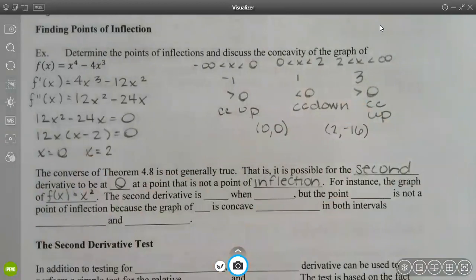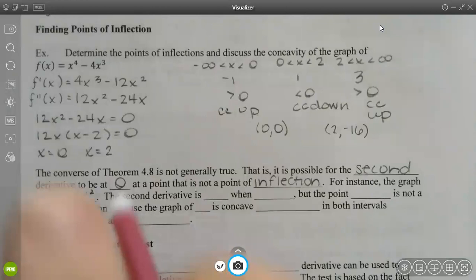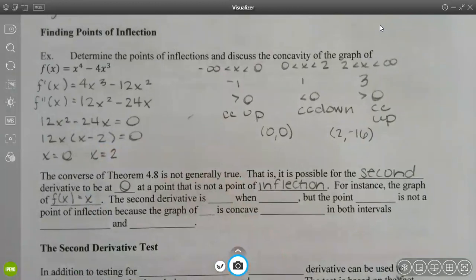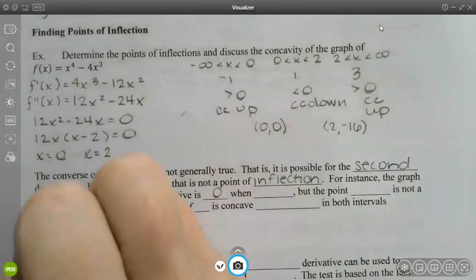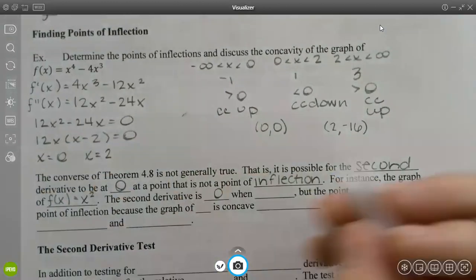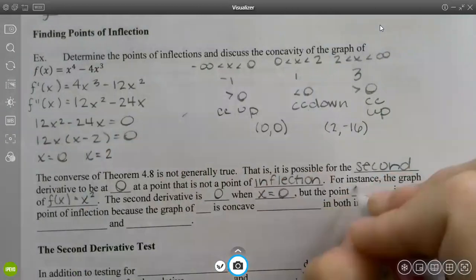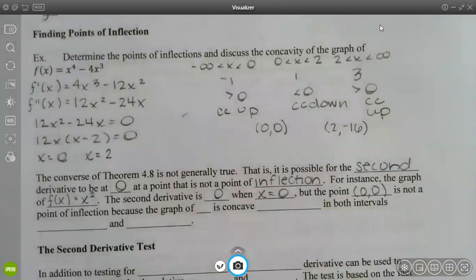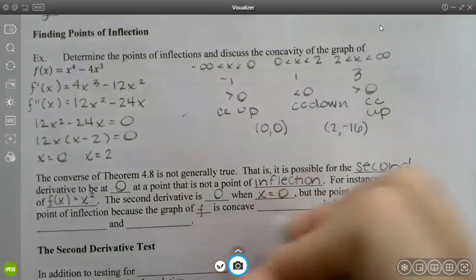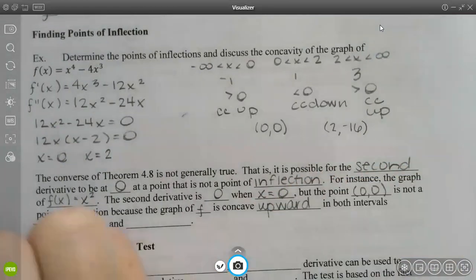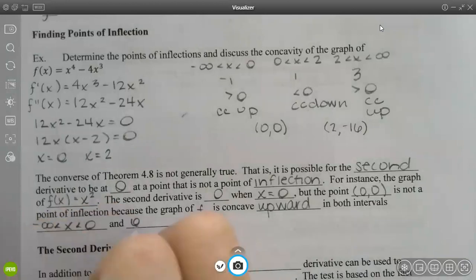Let's just do x. If it's different, I'll get it in a minute. Where the second derivative is 0, it's going to be x squared, when x equals 0. But the point (0, 0) is not a point of inflection because the graph of f is concave upward in both intervals, negative infinity less than x less than 0, and 0 less than x less than infinity.